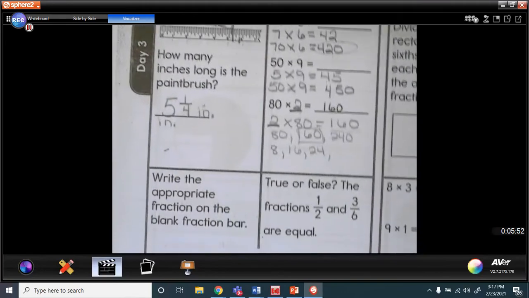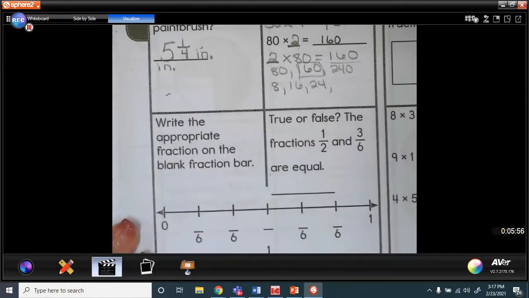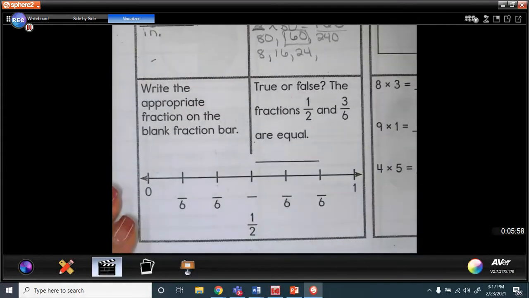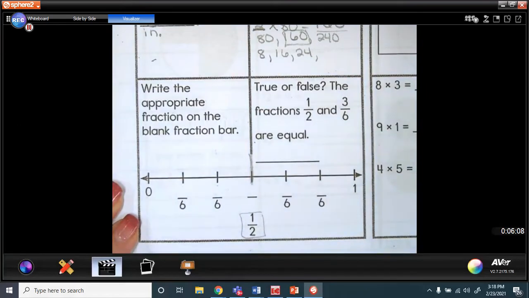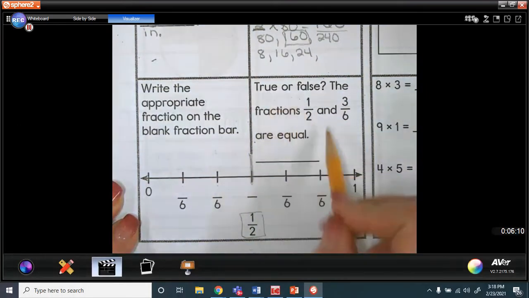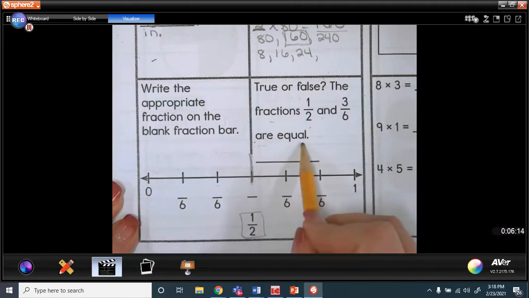And then finally, we're going to use the number lines on here. So I'm just going to fill in my number line. It's telling me here's half. So here's my halfway mark right there. And it's asking me true or false. The fraction half and 3/6 are equal.